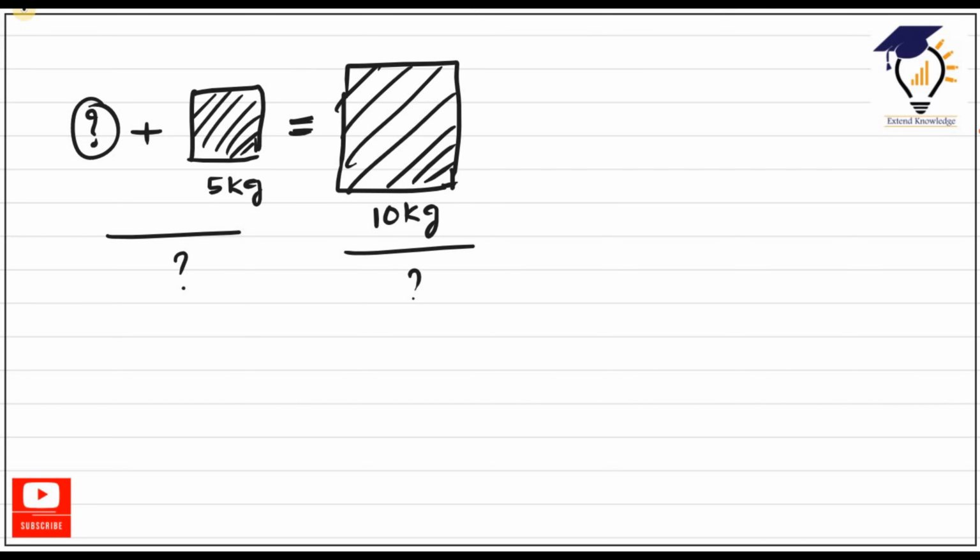For the missing quantity, we already learned a concept called a variable, which takes various numerical values. So here we replace the missing value with a variable, say x. Now let's write this: x is one block plus the other block, whose quantity I know, that is 5 kgs, and the total block is 10 kgs.